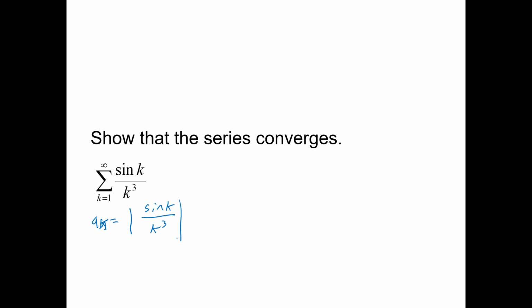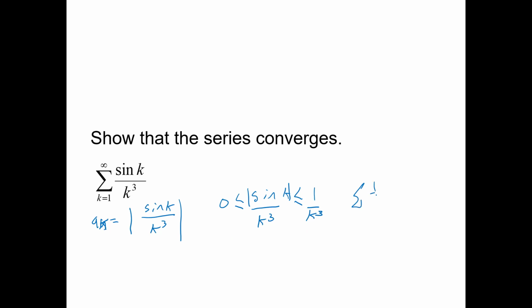All the terms are positive. So the sine of k is bigger than 0 and less than 1. And so when we divide both sides by k cubed, we've just shown that the absolute value of the sine of k over k cubed is less than or equal to 1 over k cubed.